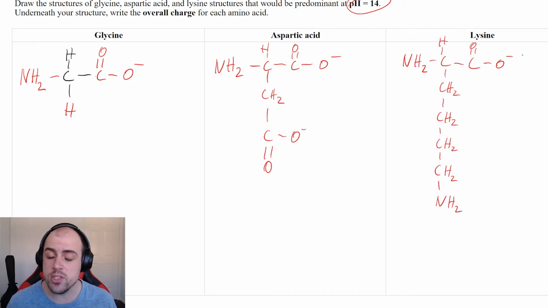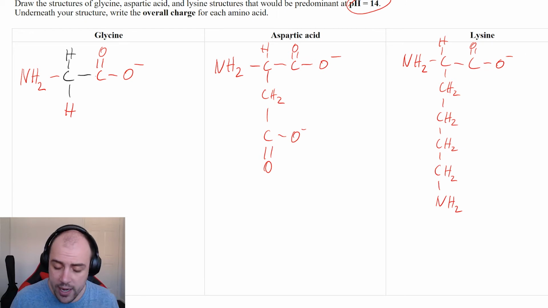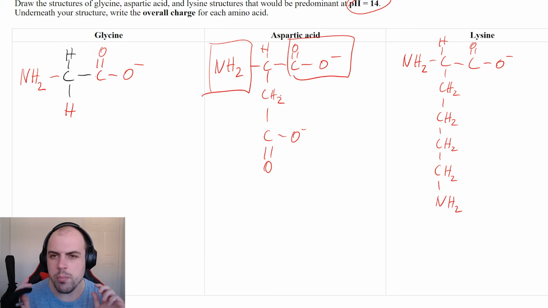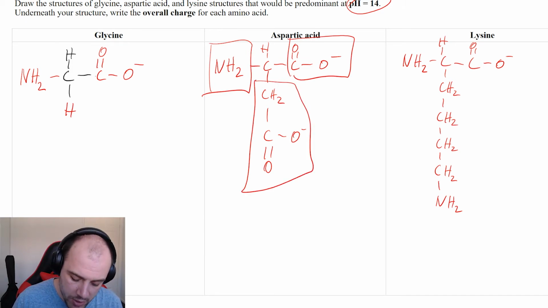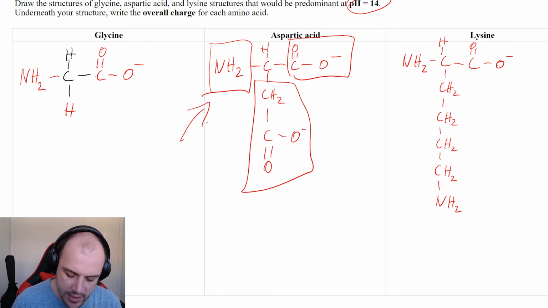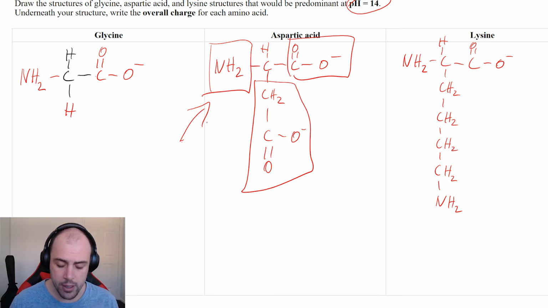Looking now at our other two amino acids, looking at aspartic acid, again, we're looking at our three main groups that can be ionized: our carboxylic acid, our quaternary ammonium group, and our R group. Looking at our quaternary ammonium group over here, that is going to be deprotonated.